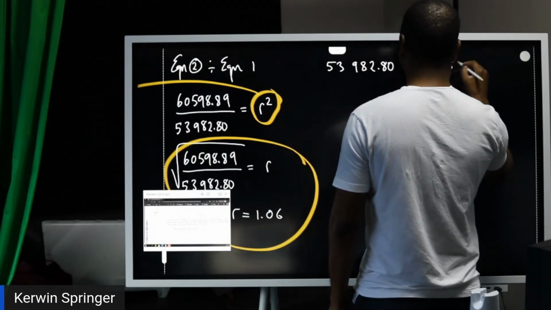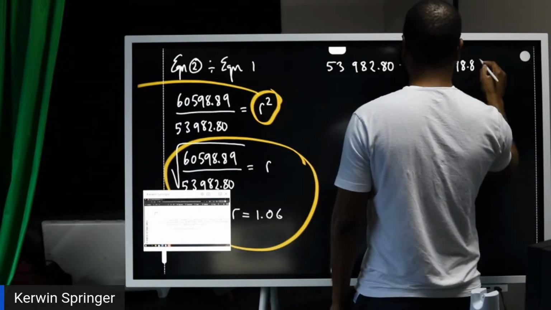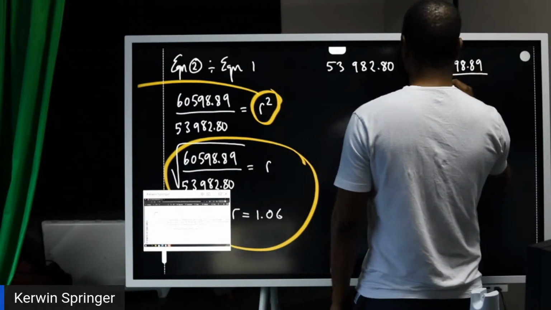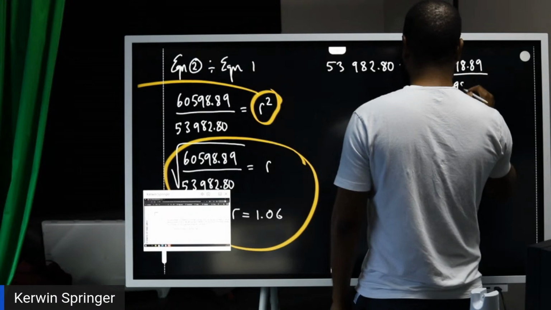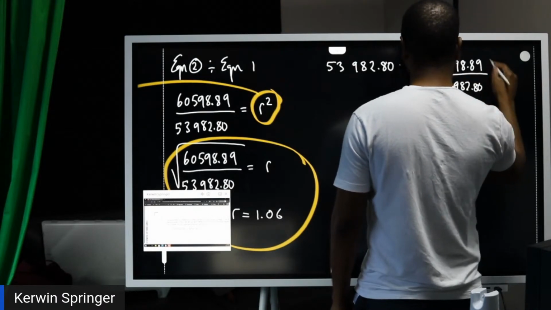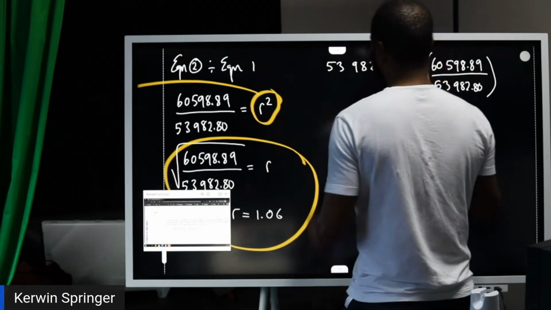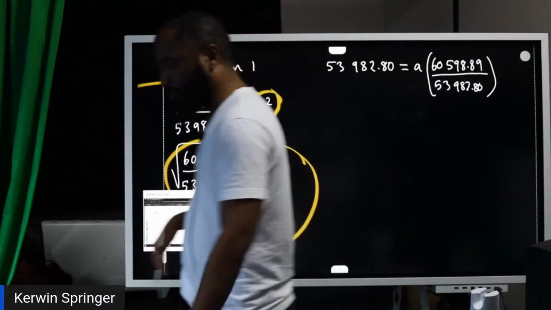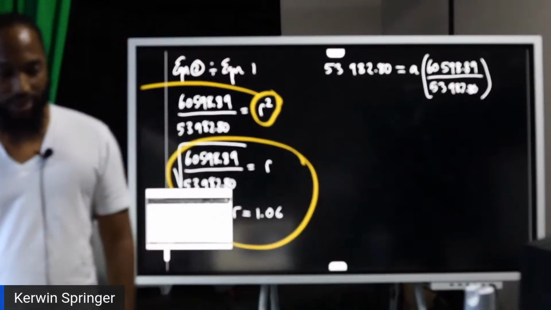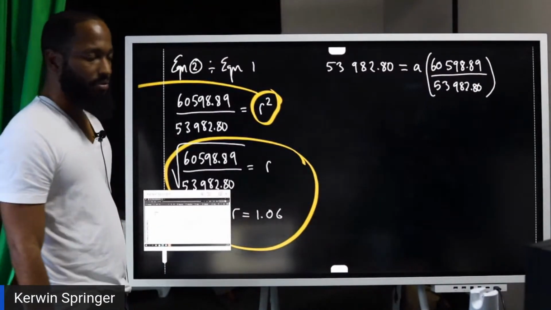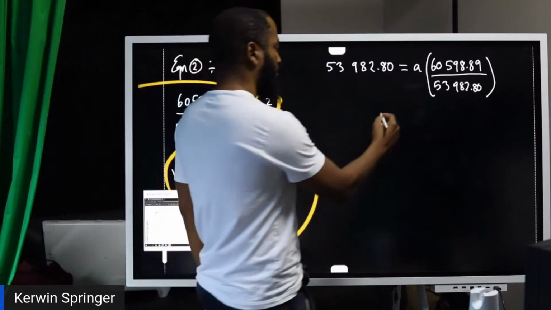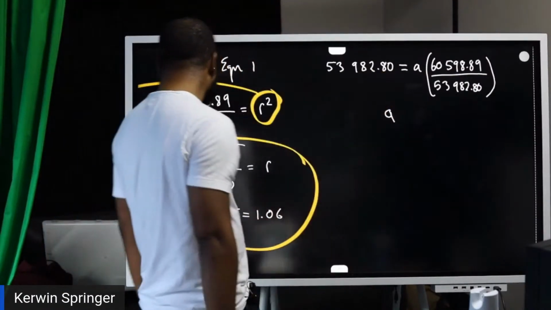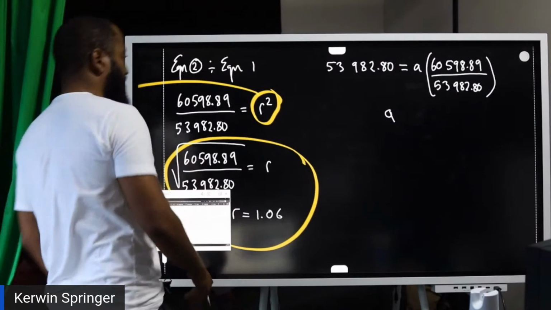Then swing it up and solve for a. What are you getting for a? So a would be equal to that squared divided by the 60,000 number squared.